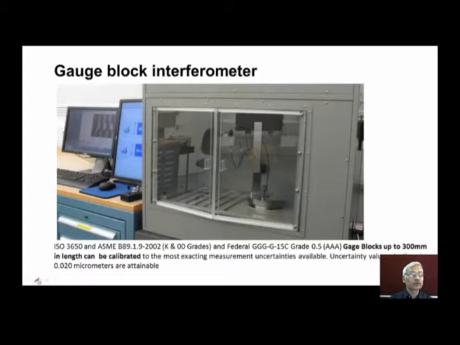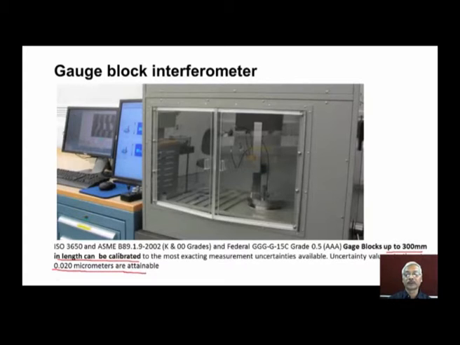Now this shows a photograph of the NPL gauge block interferometer, which can house gauge blocks up to 300 millimeter long gauges, and uncertainty values in these gauge block interferometer starts at 0.02 micrometer.